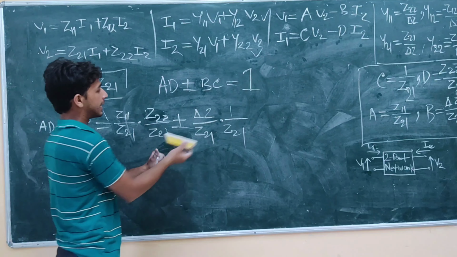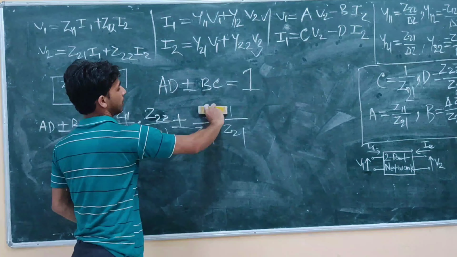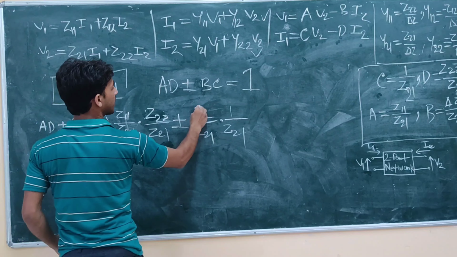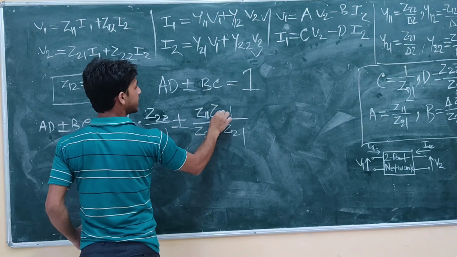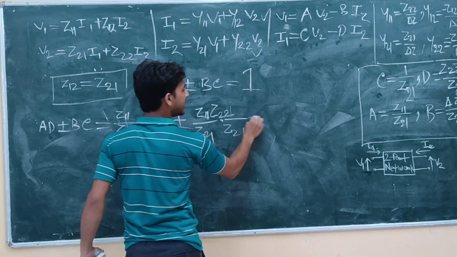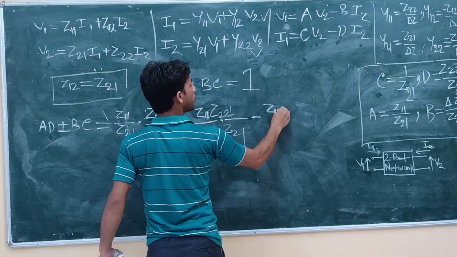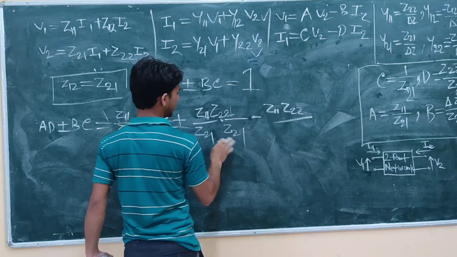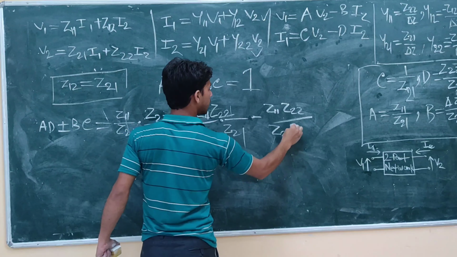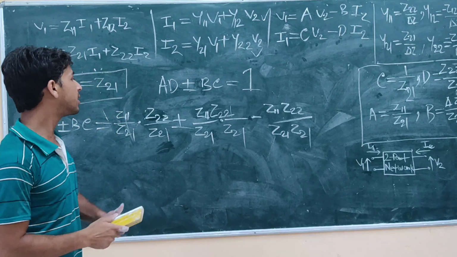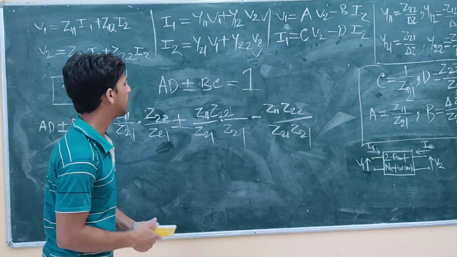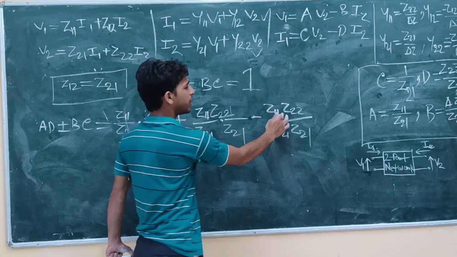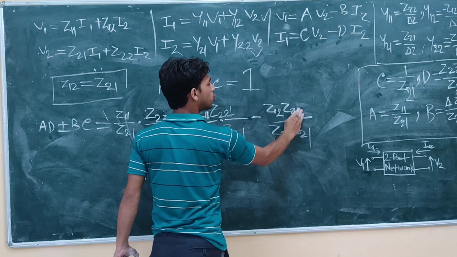If you open this delta Z, you will get Z11 Z22 minus Z12 Z21, divided by this term, that is Z21, Z21. We will just calculate the delta Z.